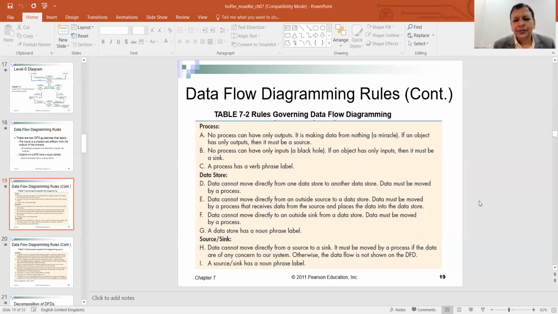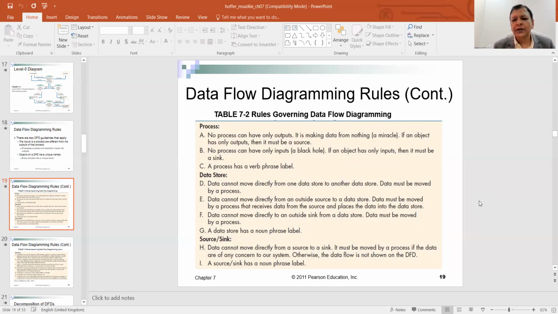The data store. Data cannot move directly from one data store to another data store. It must be moved through a process. Data cannot move directly from an outside source to a data store. Data must be moved by a process that receives data from the source and places the data into the data store.